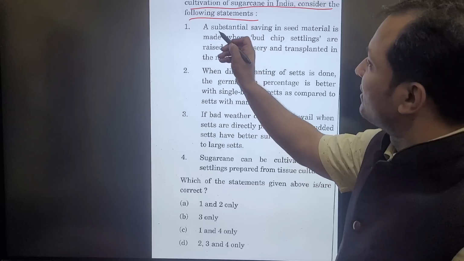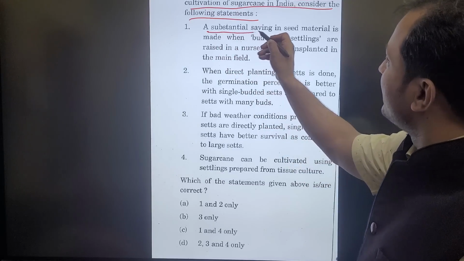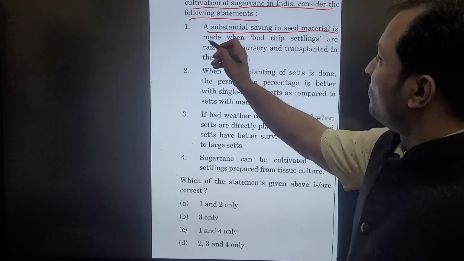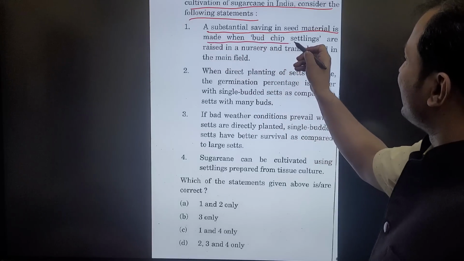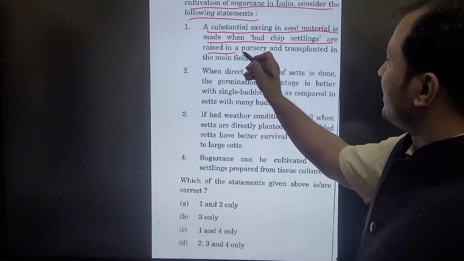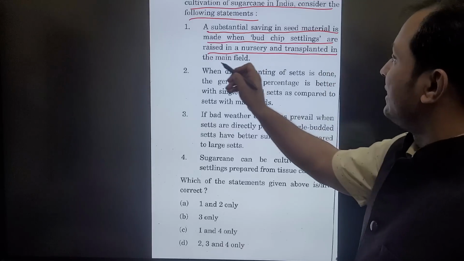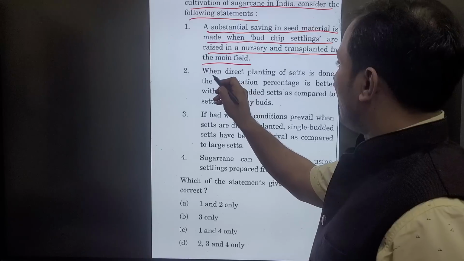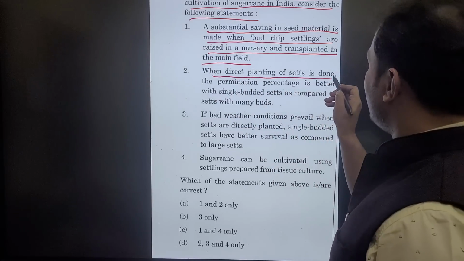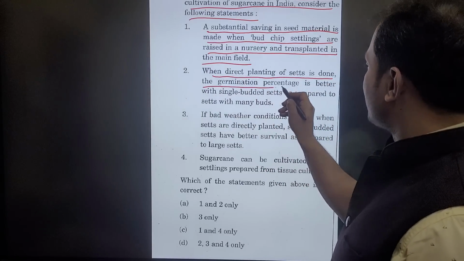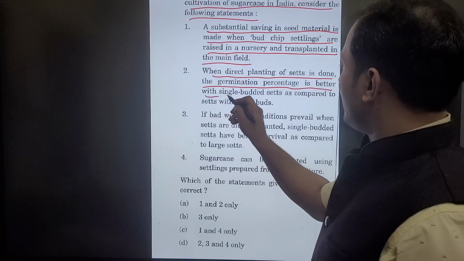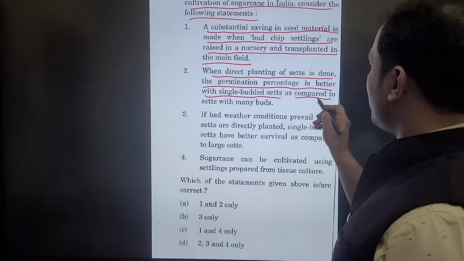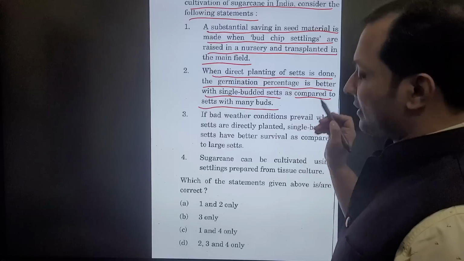Let us read this statement. A substantial saving in seed material is made when the bud chip seedlings are raised in nursery and transplanted in the main field. Let us read the second statement. When direct planting of sets is done, germination percentage is better with single budded sets as compared to sets with many buds.